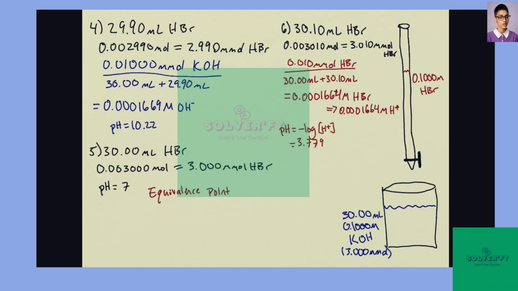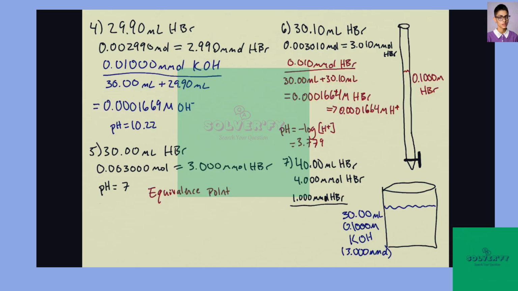Now what is the pH if we have added a total of 40 milliliters of HBr? Well, this is 4 millimoles of HBr. So once it reacts with the KOH, we'll have an extra 1 millimole of HBr remaining.